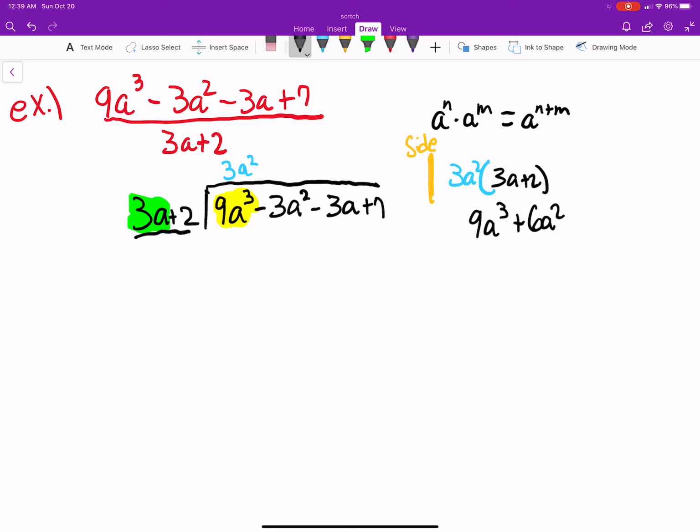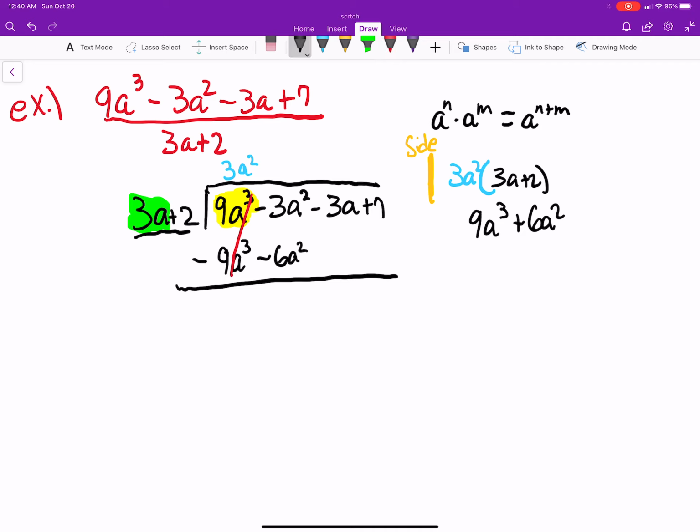And then I'm just going to put that down here: 9a cubed plus 6a squared. And I'm going to subtract that from here. So distributing this negative, that just changes this. Notice that this bit cancels, which was kind of the point.